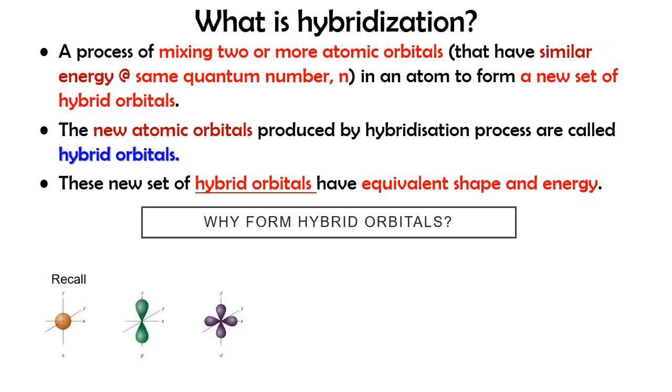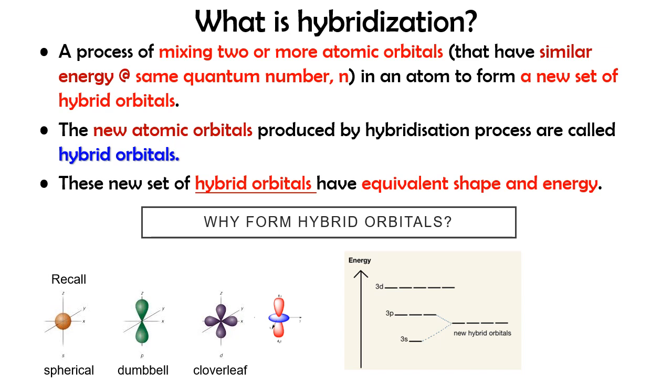So let's recall, we have this example of atomic orbital, spherical for s orbital, and then dumbbell untuk p orbital, and then we have cloverleaf and the donut ring.